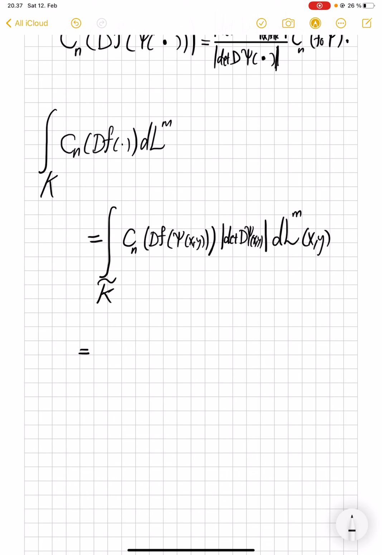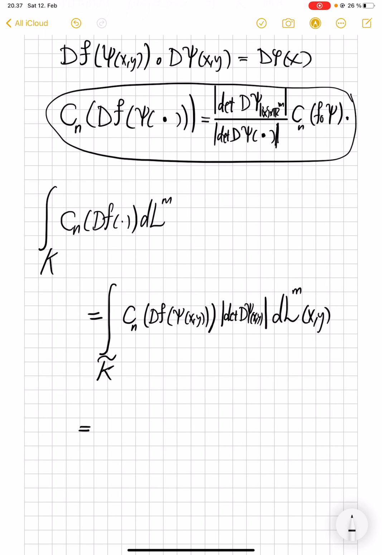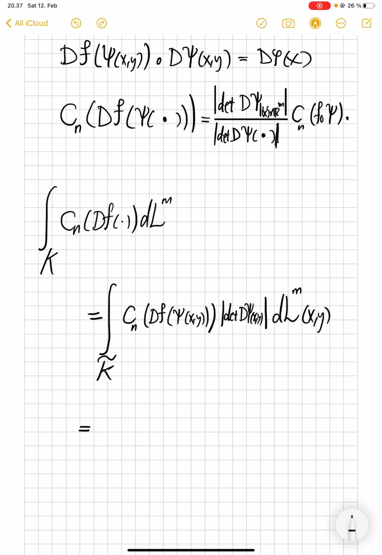Now I want to apply this last formula that we had. When I multiply both sides by the determinant, I end up with this.